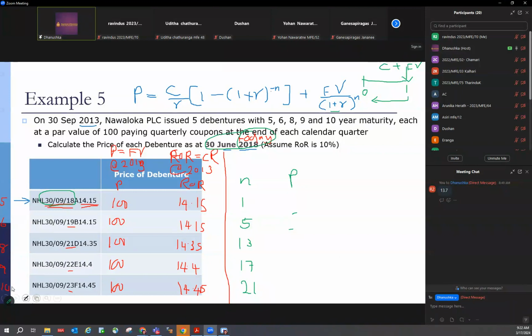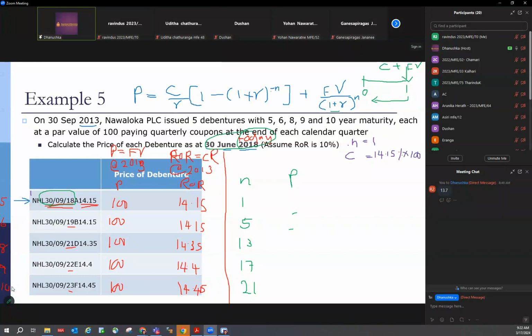So for the very first debenture, what is n? N is 1. What is C? C is 14.15% into 100, right?